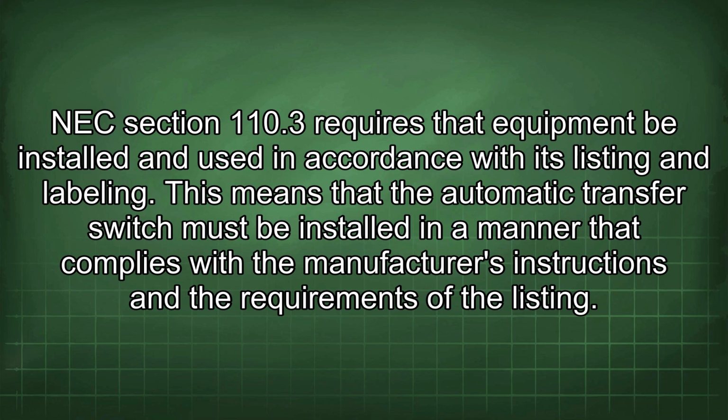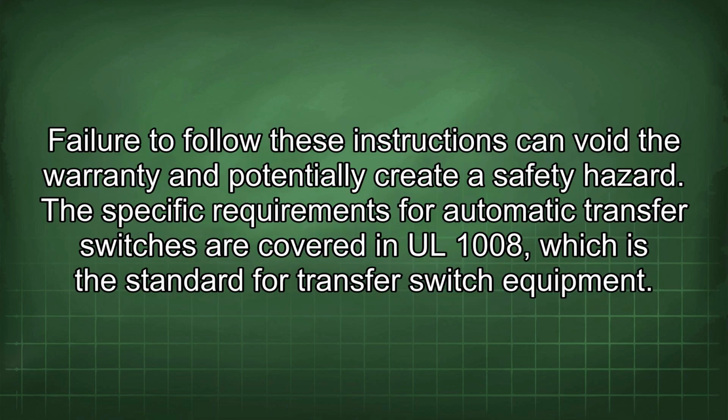This means that the automatic transfer switch must be installed in a manner that complies with the manufacturer's instructions and the requirements of the listing. Failure to follow these instructions can void the warranty and potentially create a safety hazard. The specific requirements for automatic transfer switches are covered in UL 1008, which is the standard for transfer switch equipment.